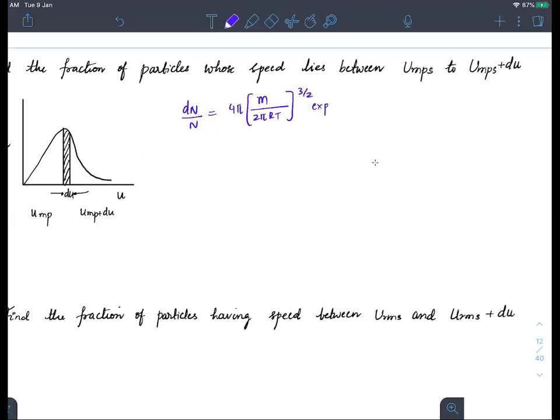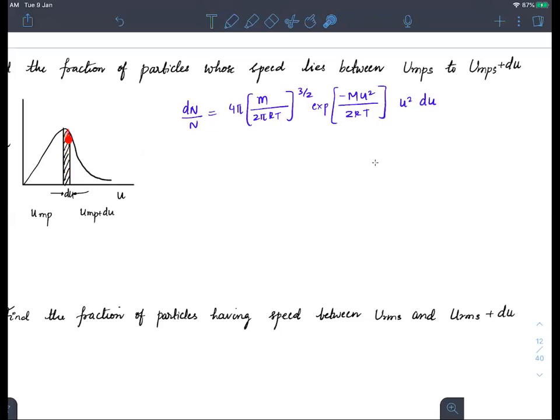Then exponent of minus m u square by 2RT into u square into du. This is how it was. Now instead of this u, what if it is the most probable speed, with a small gap of du.